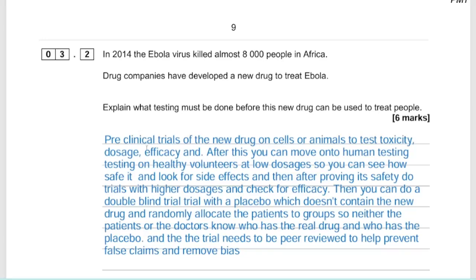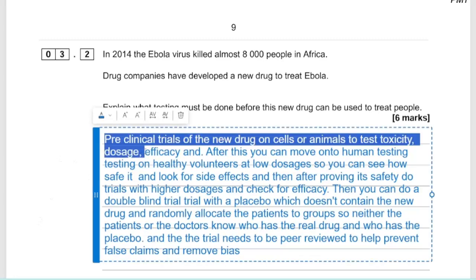First things first, efficacy, it's just a fancy word for how good it is. And the main 3 stages are you just want to do preclinical trials on things that aren't humans, to check the drug actually works at treating Ebola. And then you want to check it's safe on humans. And then you want to check it's effective on humans. So it's a sort of 3-step procedure, with the first one being just it's good against Ebola in general.